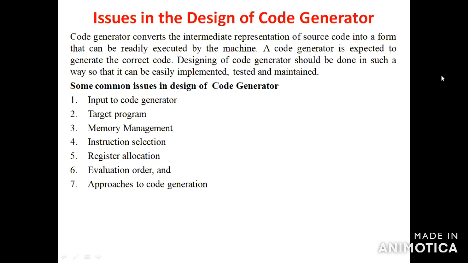The target machine description is one way of designing a good code generator. In the target machine, addresses are specified in the form of bytes, and 4 bytes form a word.